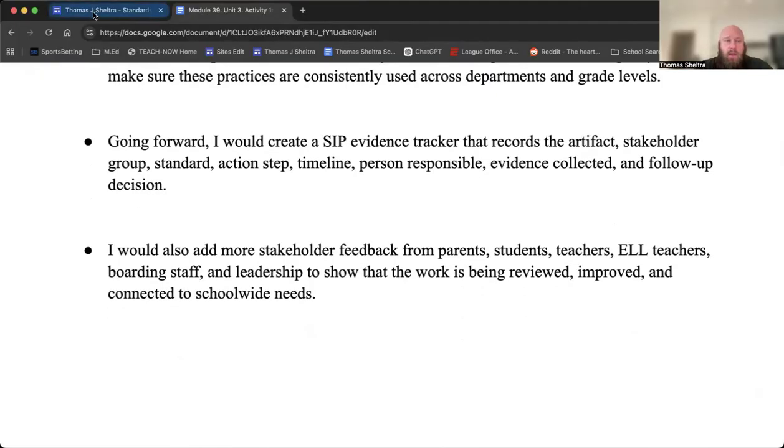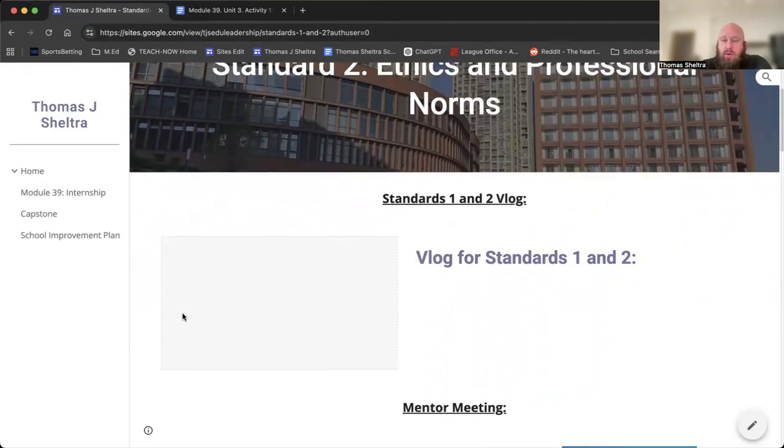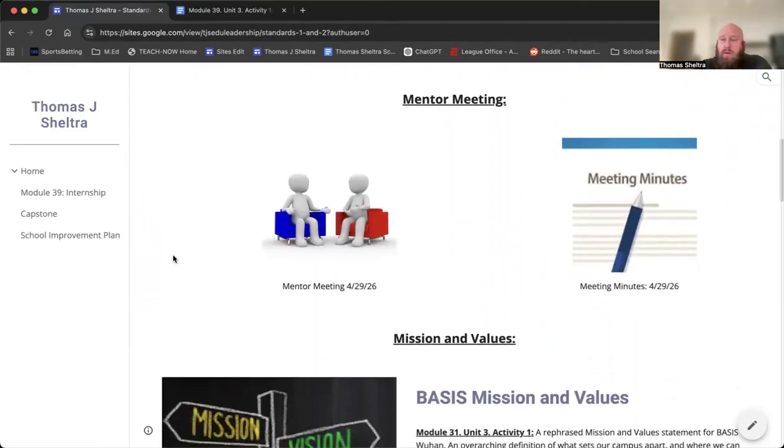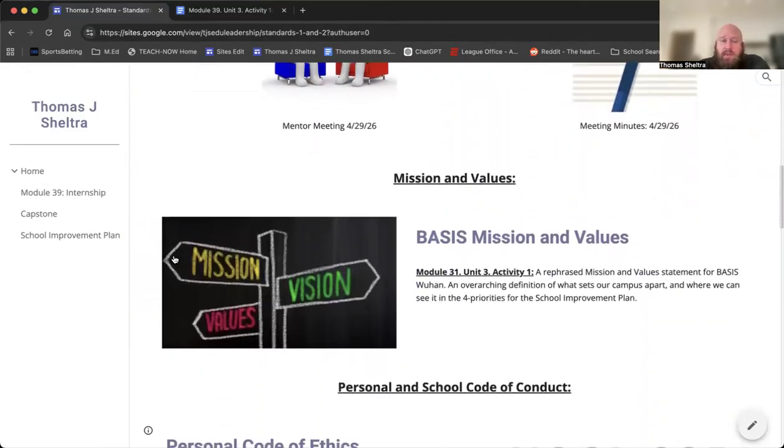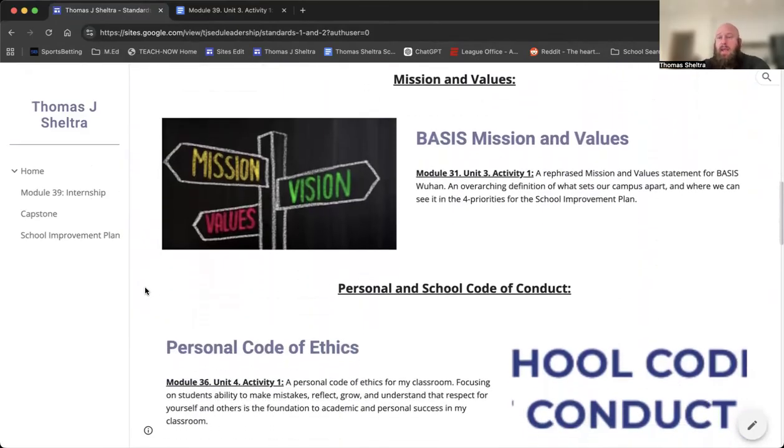So when I look back at how this fits Standards One and Two, one of the things that I start the year off with my students and parents at Meet the Teacher Night, and also that I share with my fellow social studies teachers, is that it's not about perfection, it's about growth. It's a personal motto that I have.